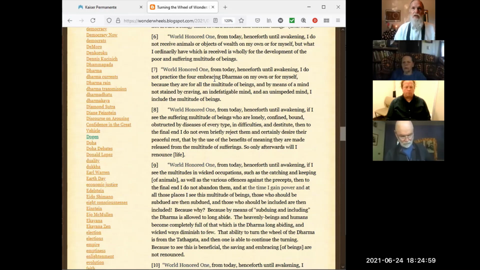And so giving is not only the first paramita, it's also the first of the instructions to a bodhisattva: when we come into contact with people to talk about the Dharma, the first thing on our mind should be dana, giving what you perceive that person needs.